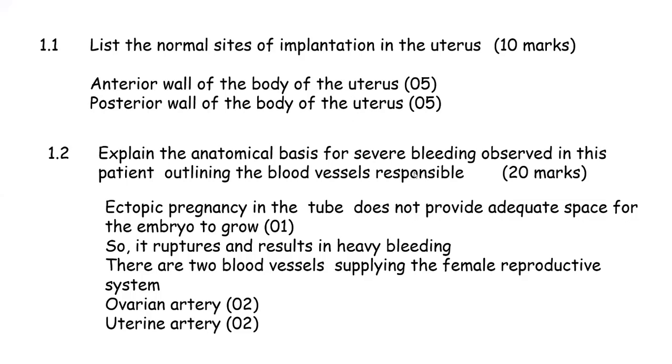So you will have to build up your answer in a stepwise manner. So it is obvious that there is severe bleeding in this patient and there should be some blood vessels responsible. So you have to tell us what is the anatomical basis of severe bleeding. Right? So focus on the anatomical aspect.